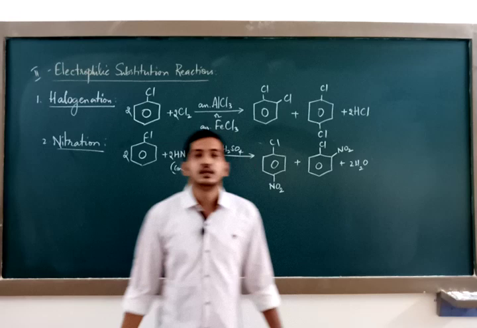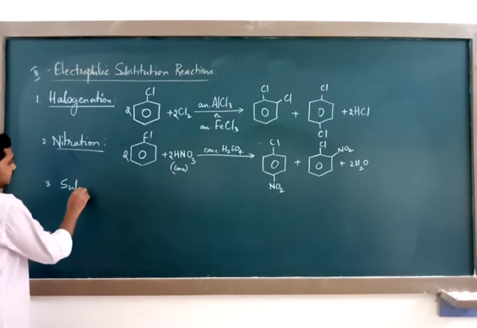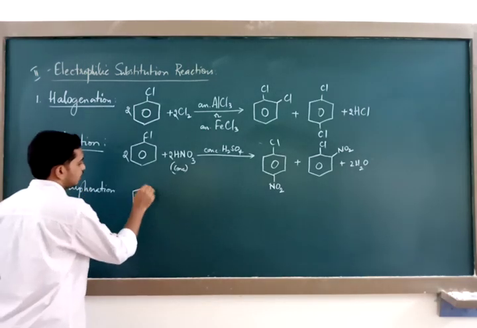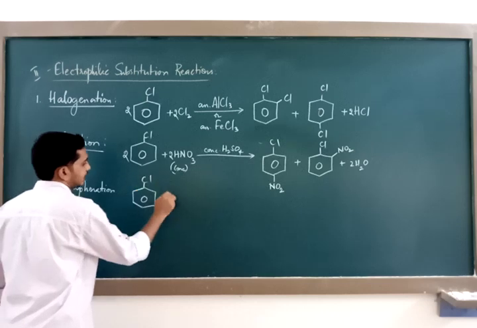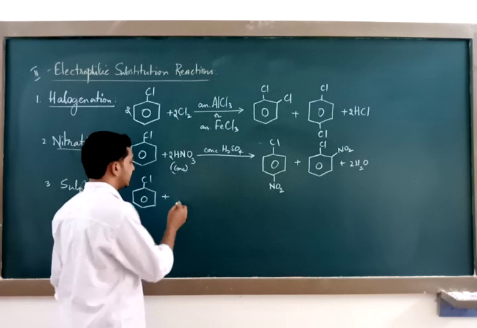Simple. Similarly, sulphonation can be done. How? When chlorobenzene is reacted with, for sulphonation, you need only sulfuric acid. You do not have to use nitric acid again.